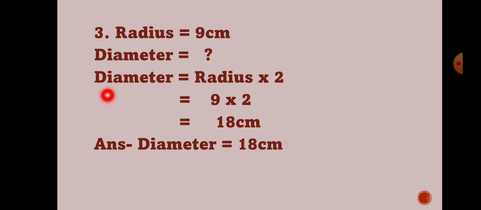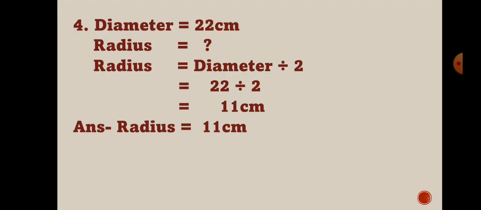So what is the formula? Next line, write diameter is equal to radius multiplied by 2. So here next line, write 9 multiplied by 2. Then what will be the answer? 9 2s are 18. So next line, write answer: diameter is equal to 18 centimeter. Now the next question is the fourth one.